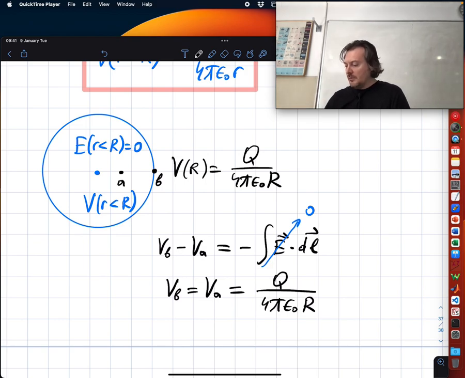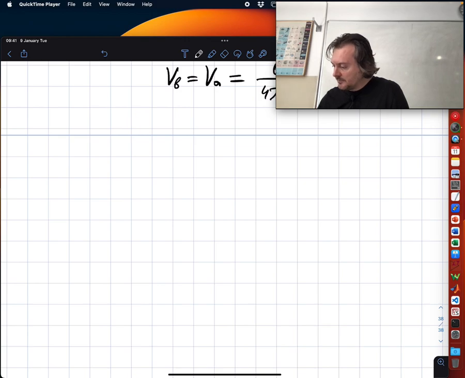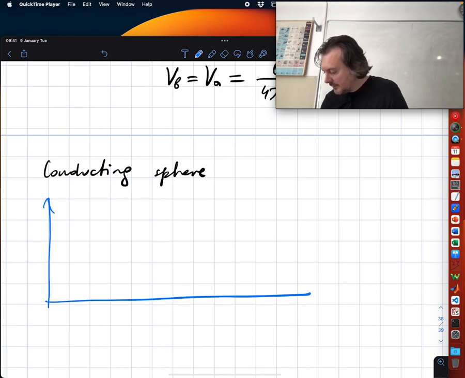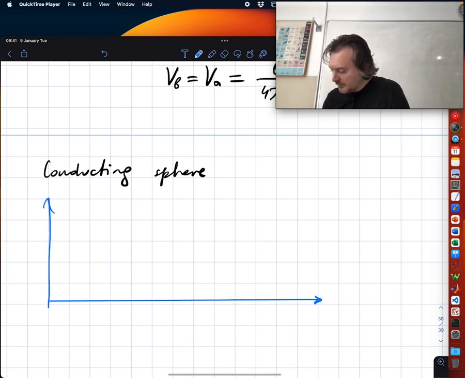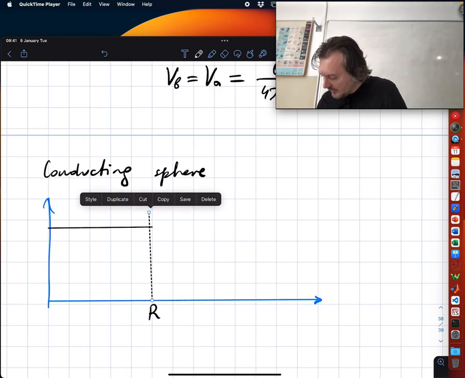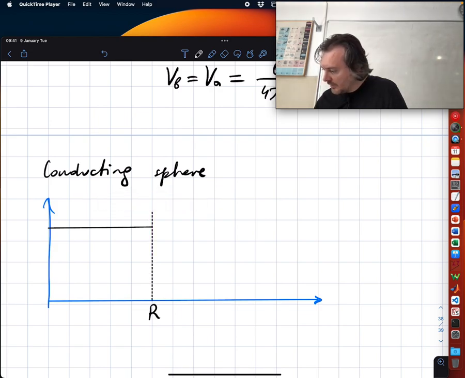Yes? So if we plot it for the conducting sphere, we have found that the potential is constant until you hit R over here, R, and then it falls down, not quadratically, with 1 over r.